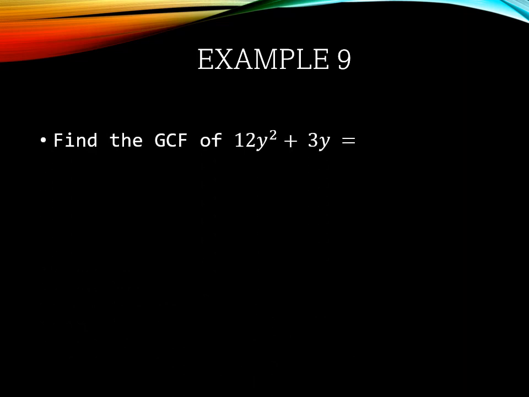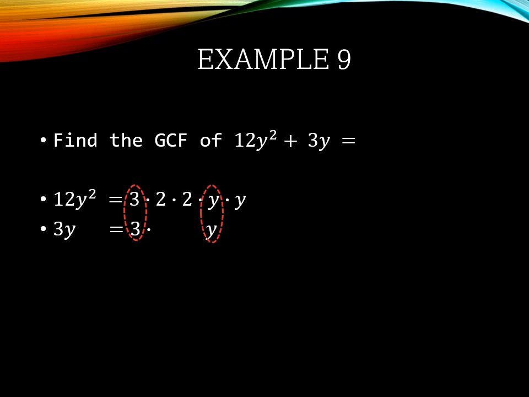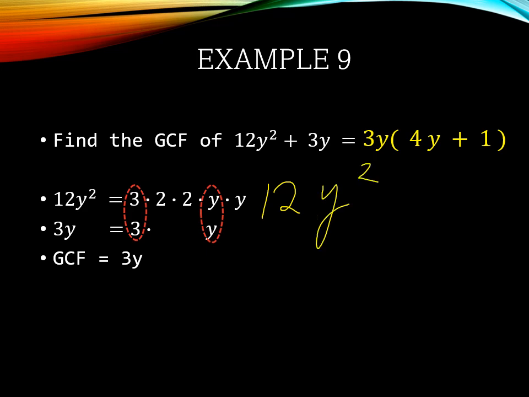Another example, we have the sum of two terms and the greatest common factor of these two terms is 3y. So we're going to factor out 3y from these two terms. Then 12y squared divided by 3y, the answer is 4y.